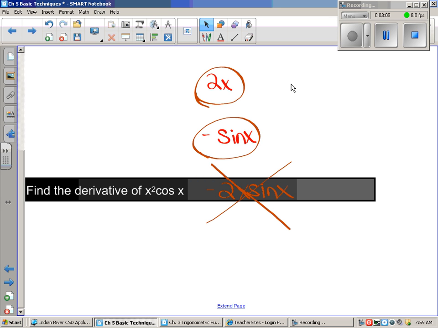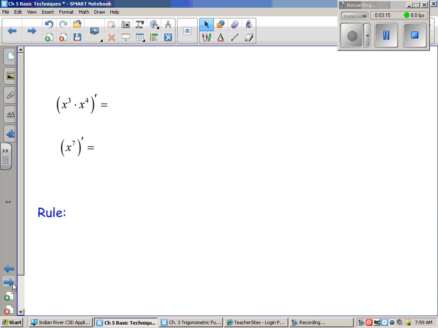So evidenced by the x cubed times x to the fourth, we've got to figure out a way to deal with this. Again, back to that: x cubed times x to the fourth, the derivative of that, as we said, is 3x squared times, and we'd have 4x cubed. And so our gut, again, would be to multiply that, but that is incorrect. Remember that it's 7x to the sixth.